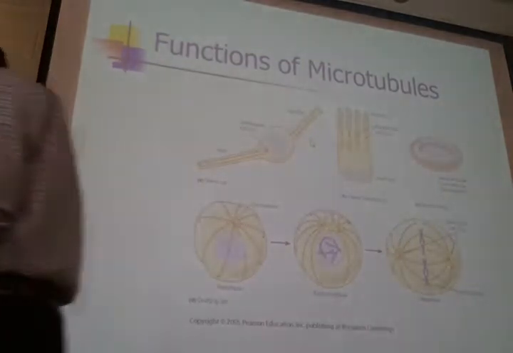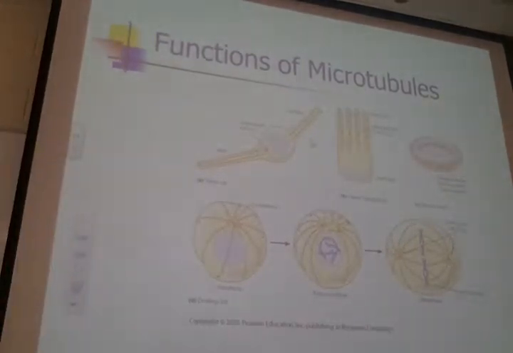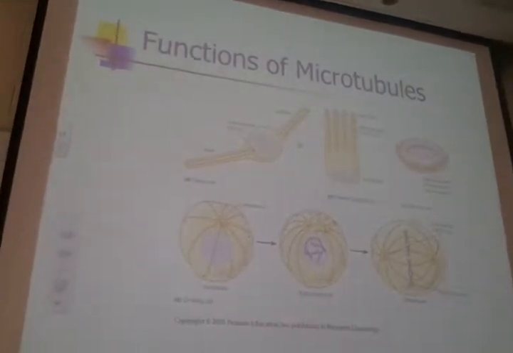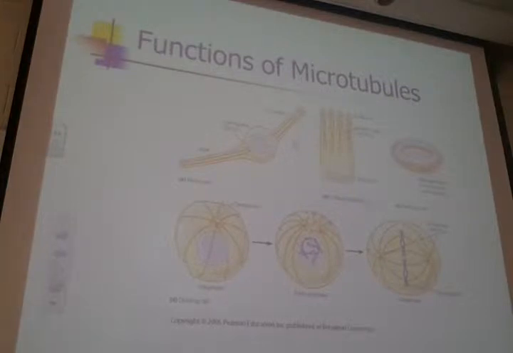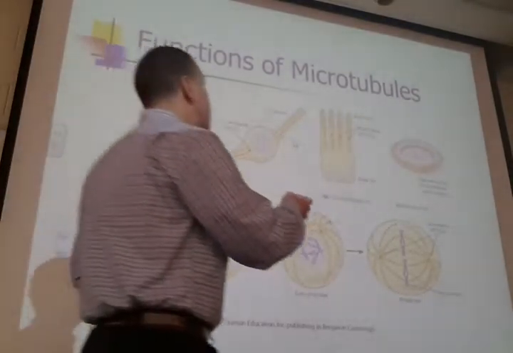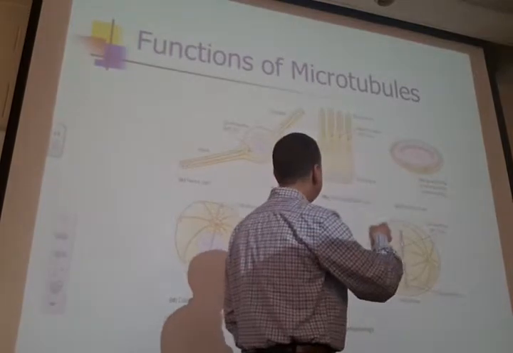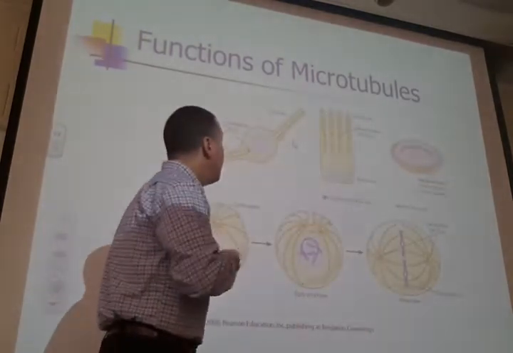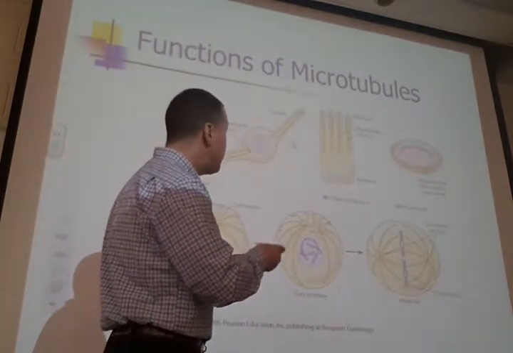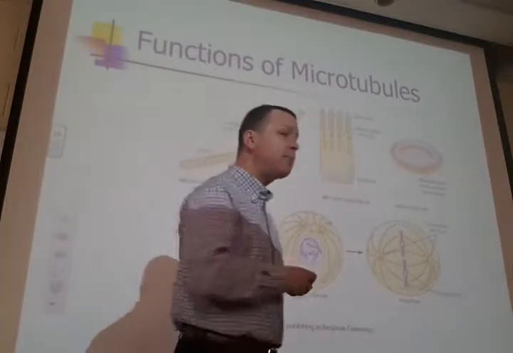So we can really often tell if a microtubule has something to do with a specific thing in a cell. We can show that by taking all the microtubules away and seeing if it has that effect. So that's a really good example of maintaining an asymmetric cell shape due to microtubules. Kind of on a smaller scale, as shown here, this specific example is what's called a ciliated epithelial cell.